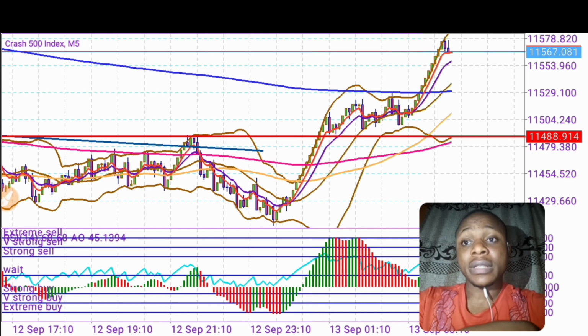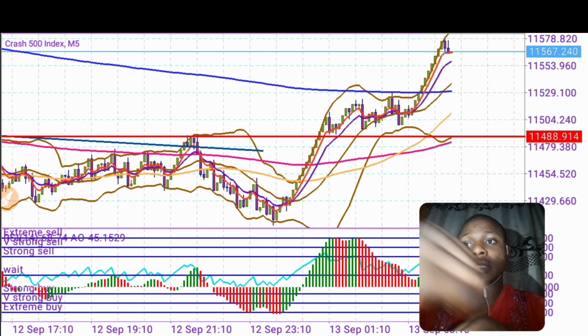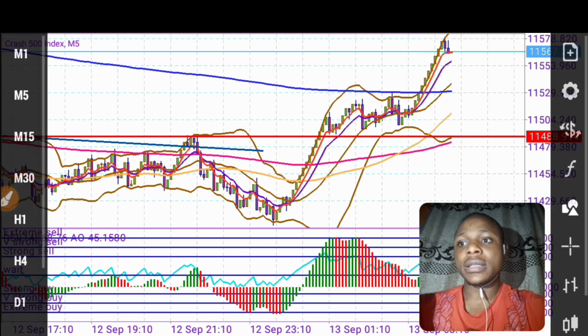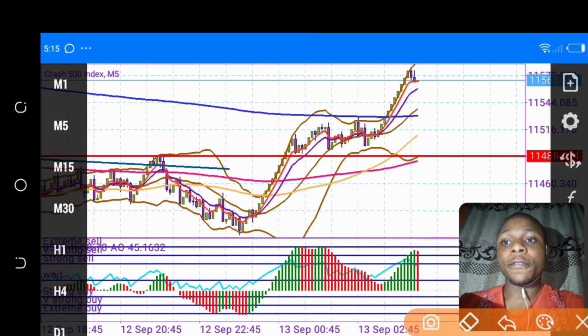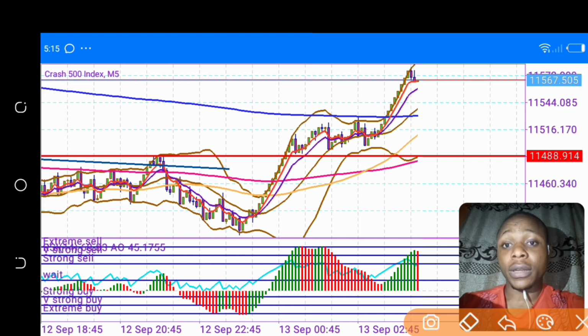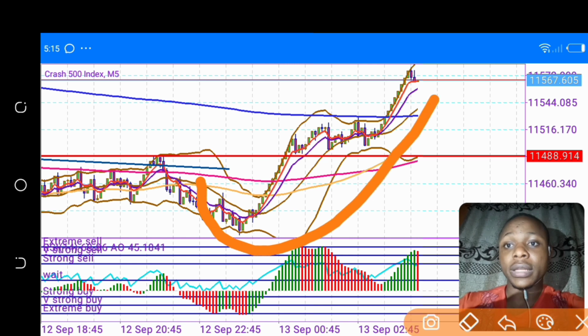not higher time frame this time around, because if it is ranging on maybe 1 hour time frame from higher Bollinger Band to middle Bollinger Band, you'll be seeing something like this when it is buying. Maybe when it is moving up from the lower Bollinger Band of H1, 1 hour, to the upper Bollinger Band, you will see something like this.